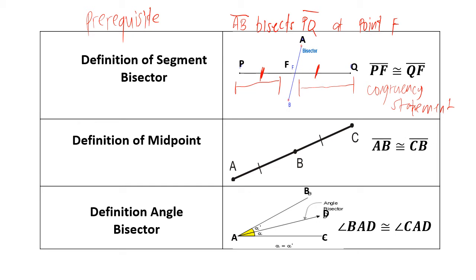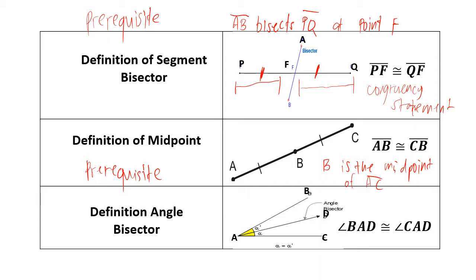Now, let's go directly to the definition of midpoint. Let me just write the statement. Say, for example, you have B is the midpoint of side AC. Now, still, this is a prerequisite statement. Sulat ko na lang dito. So, if it's a prerequisite statement, you have to find out the congruency. Now, look at this one.